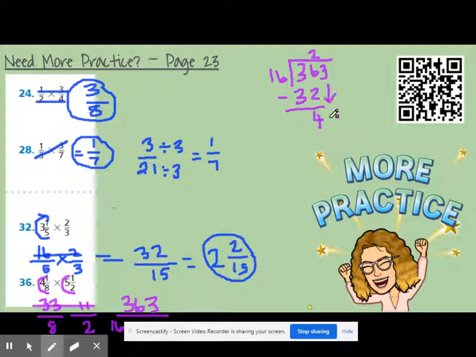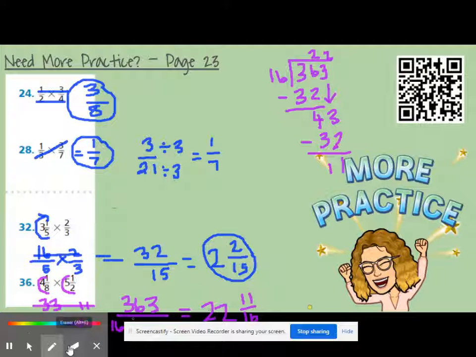We're going to bring down that 3. 43 divided by 16 is going to be just another 2, which is 32. So I'm going to get 11 left over. So this is going to be 22 and 11 out of 16 pieces left over. And that is what we did in class.